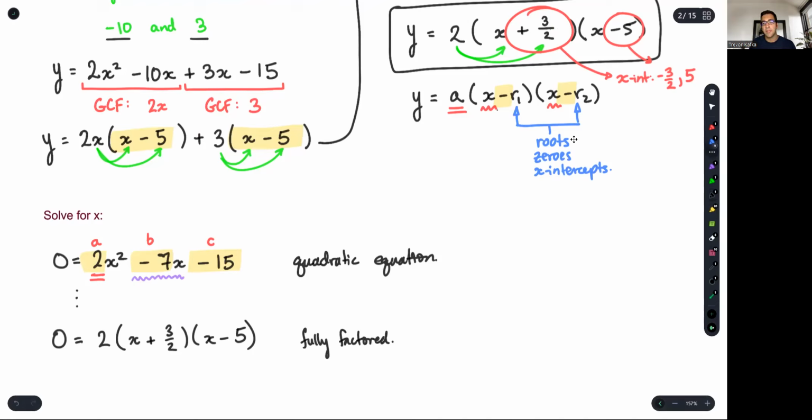Then remembering the zero product property, we can remember that whenever we have two numbers multiplying to give you 0, this implies that either A or B equals 0.